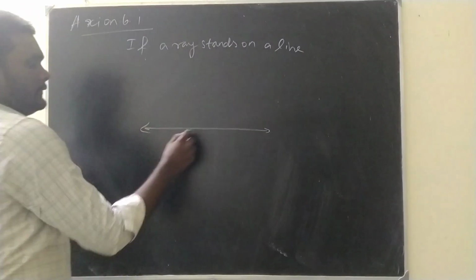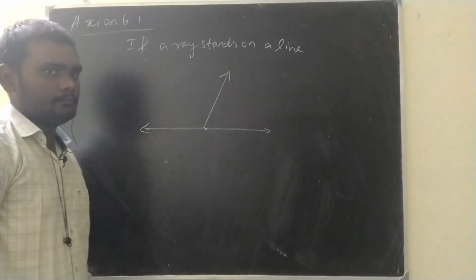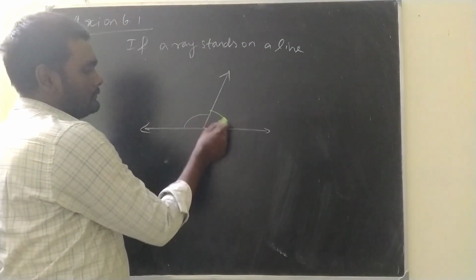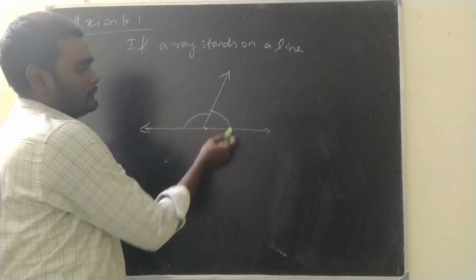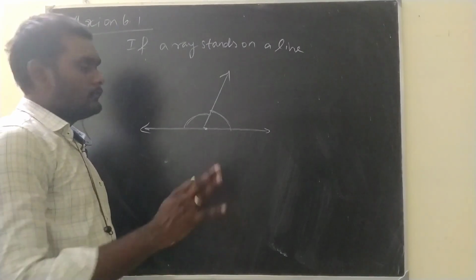There is a line and a ray stands on it. Then the angle so formed by these two is 180 degrees. The angle so formed is 180 degrees.